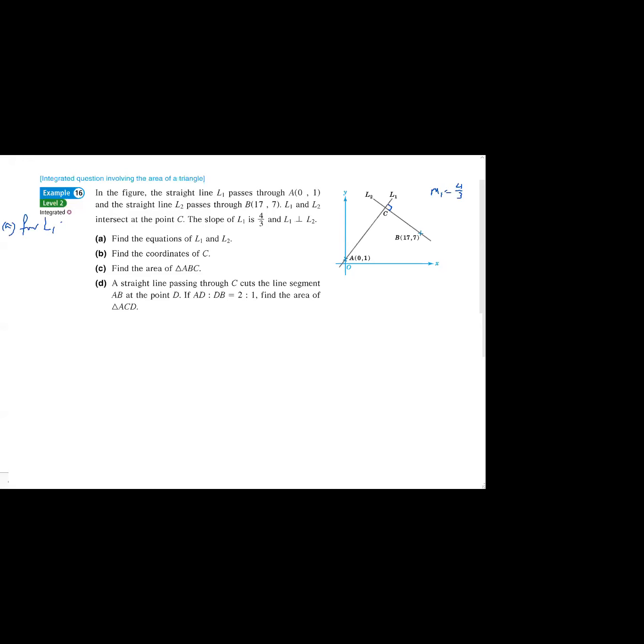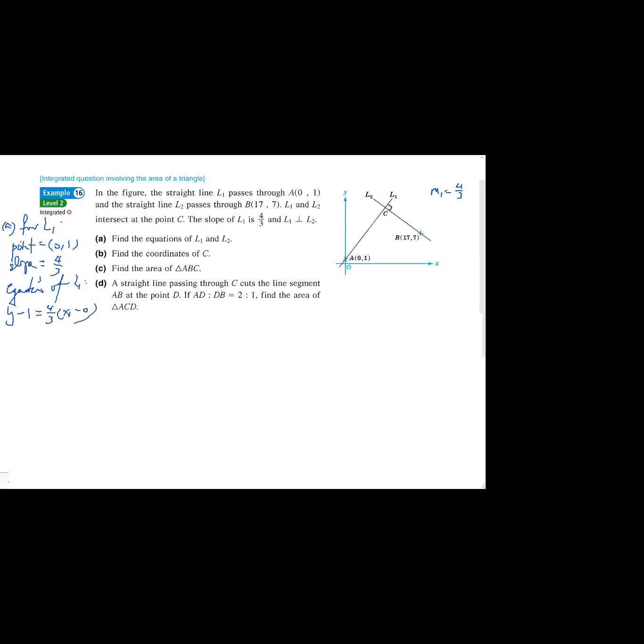Do we have a point? Yes, we have point A to be (0, 1). Do we have the slope? Yes, it is given. The slope of L1 is given to be 4/3. And then we can write down the equation of L1: y minus y1 equals m times x minus x1.